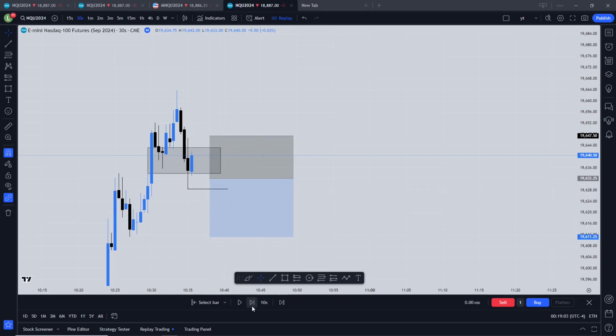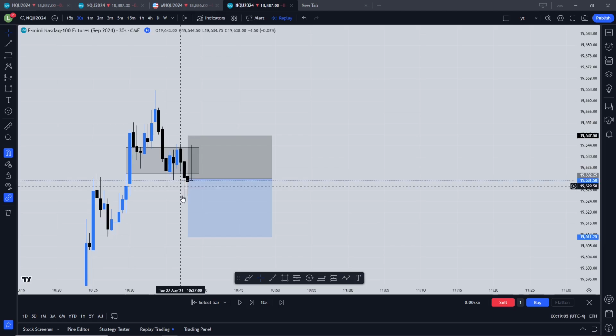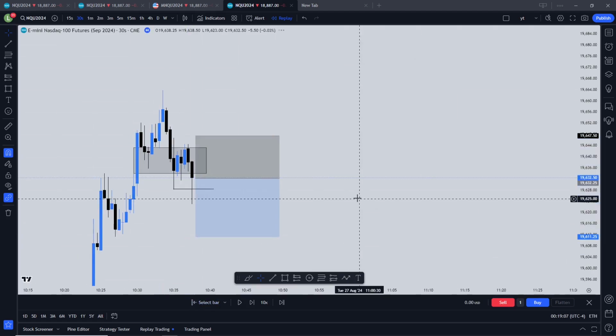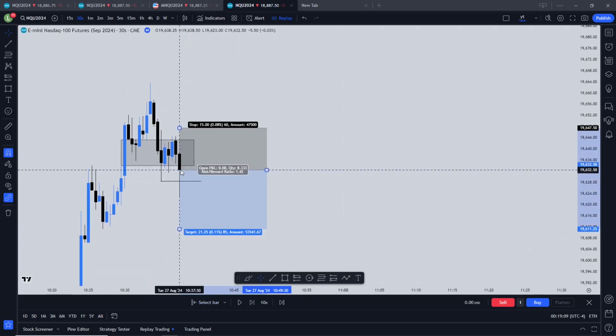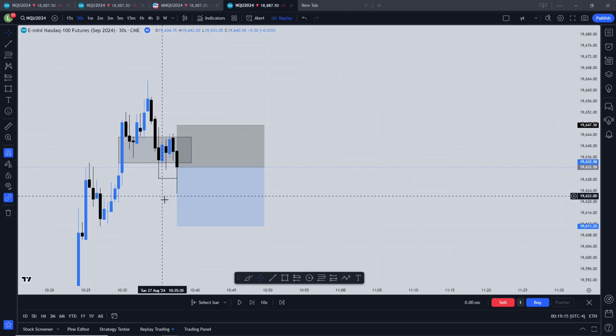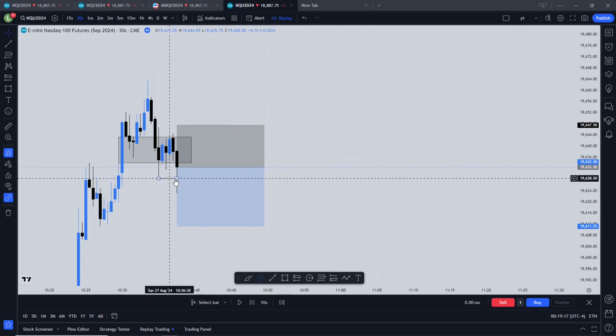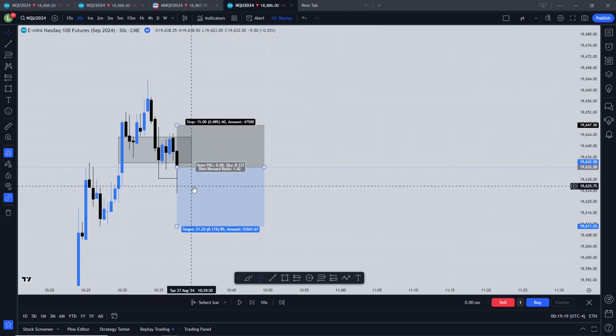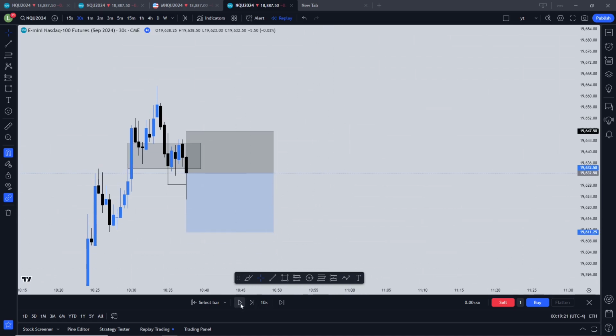This sell side liquidity got taken when we inverse this fair value gap right here. So this trade is invalid because we already swept this internal liquidity right here, right? We swept this internal liquidity. So now this trade is completely invalid, right?